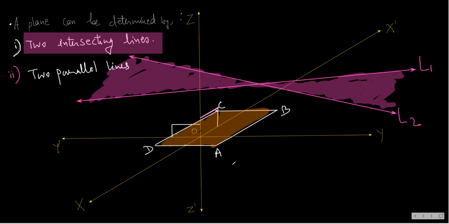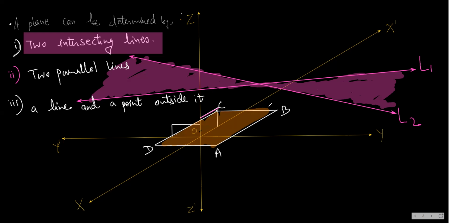We can also determine a plane by a line and a point outside it. What does that mean?